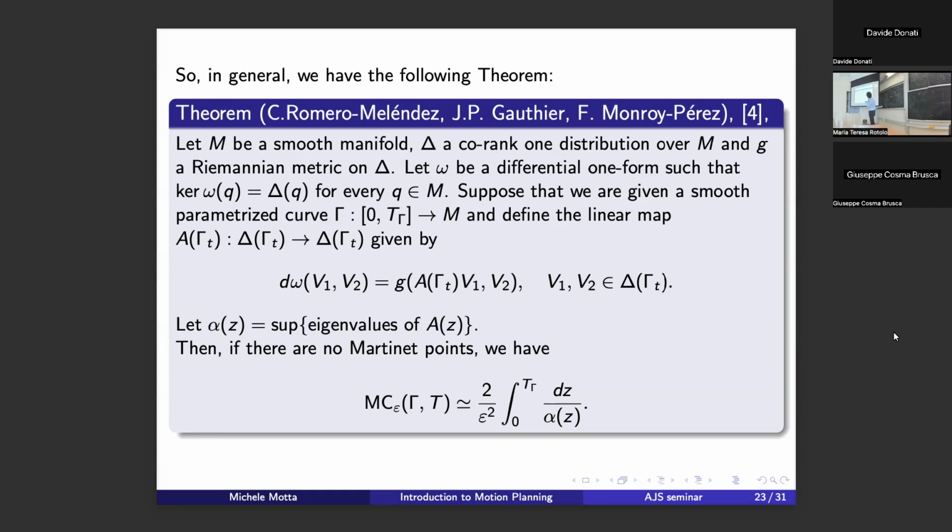So you have that your distribution can be described as the kernel of a one-form.